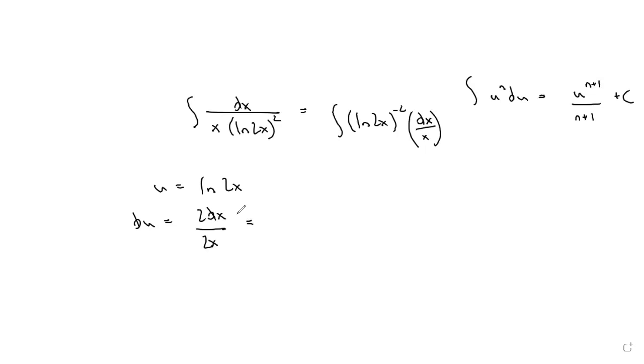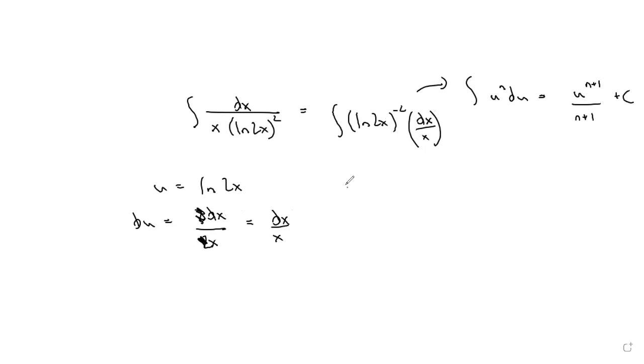Again, we just did this a few minutes ago. The 2's happen to cancel out, which is nice, and then you get dx over x. And surprise, surprise, that's exactly what we have sitting next to our ln of 2x to the minus 2. So if you compare this to this, it actually is in the correct form for a u to the n du maneuver.